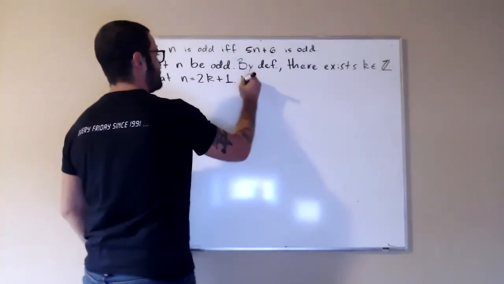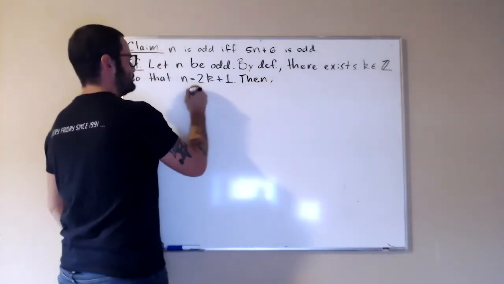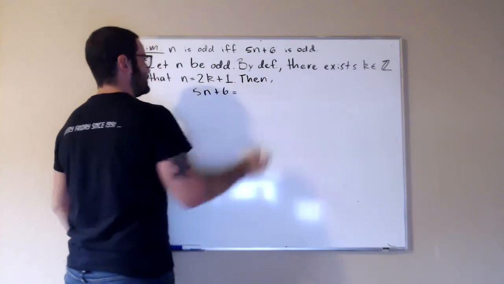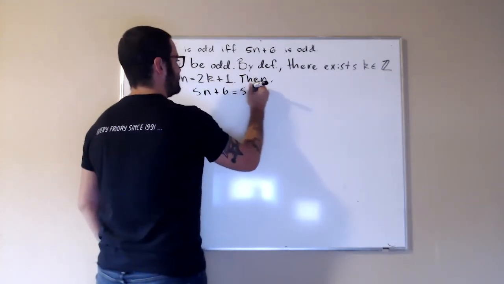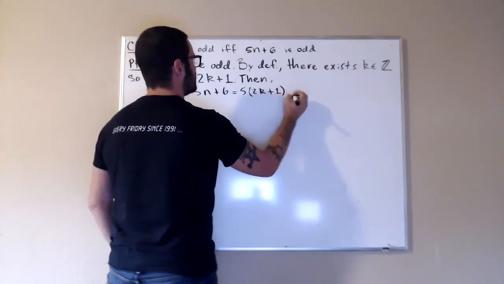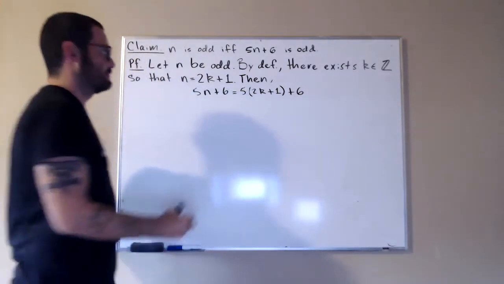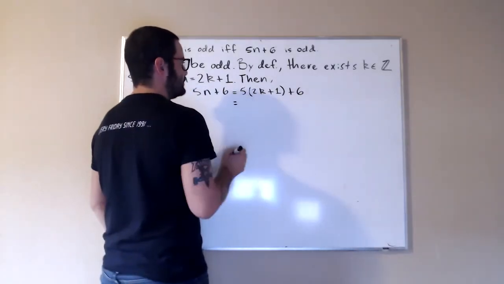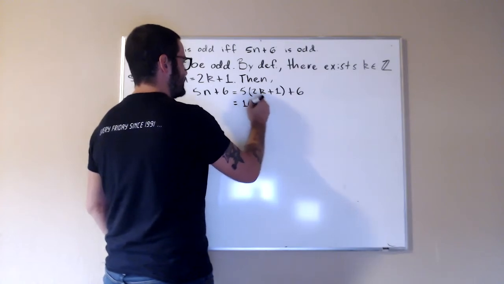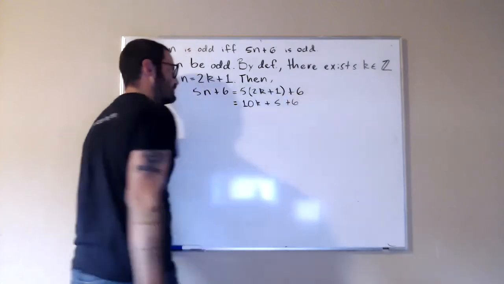So then, 5n plus 6 is equal to 5 times 2k plus 1, plus 6. Okay, and this is equal to 10k plus 5 plus 6.